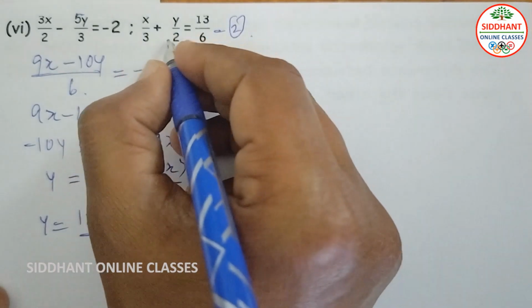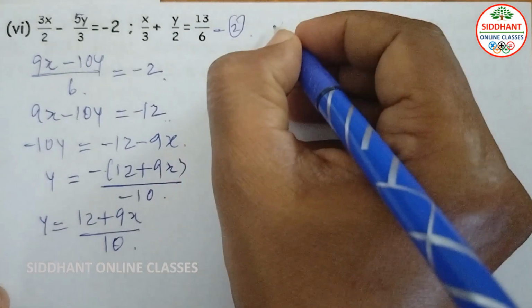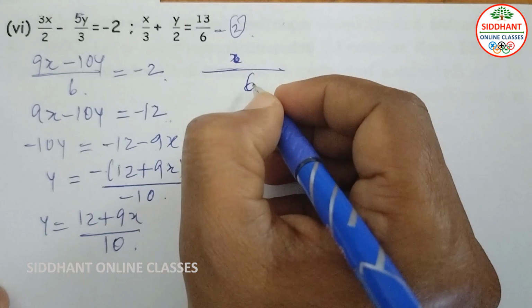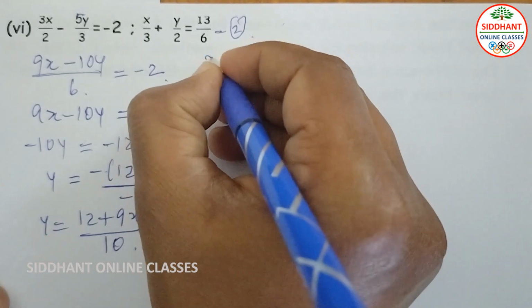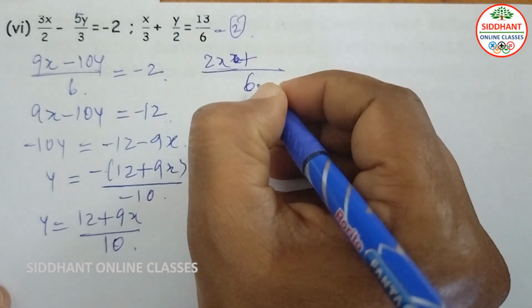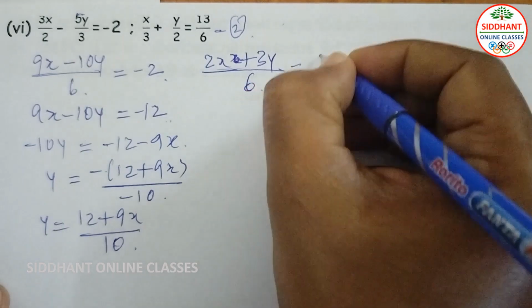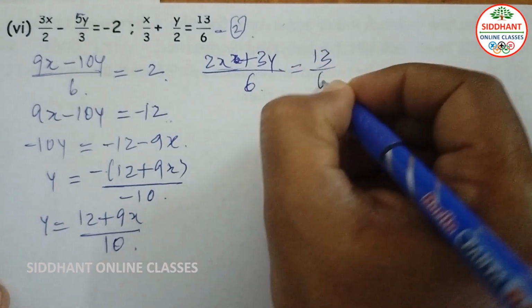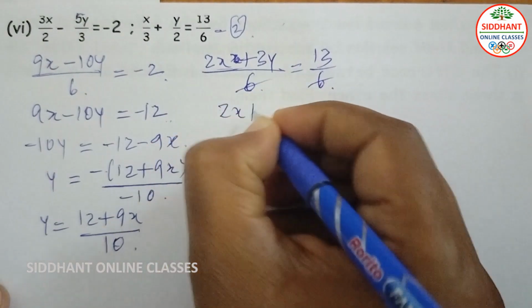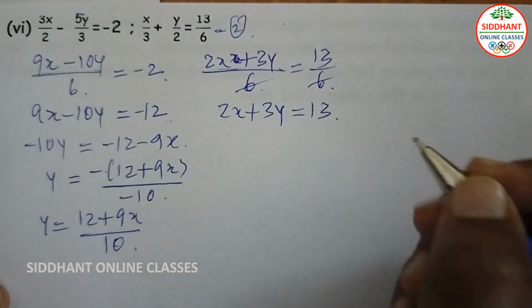So here also we are going to take LCM here. That means we get LCM 6. Now 3 into 2 and 2 into x, that will be 2x plus here 2 3's and 3 into y, 3y, that equal to 13 by 6 here. So here 6 cancel, we get 2x plus 3y equal to 13 here.